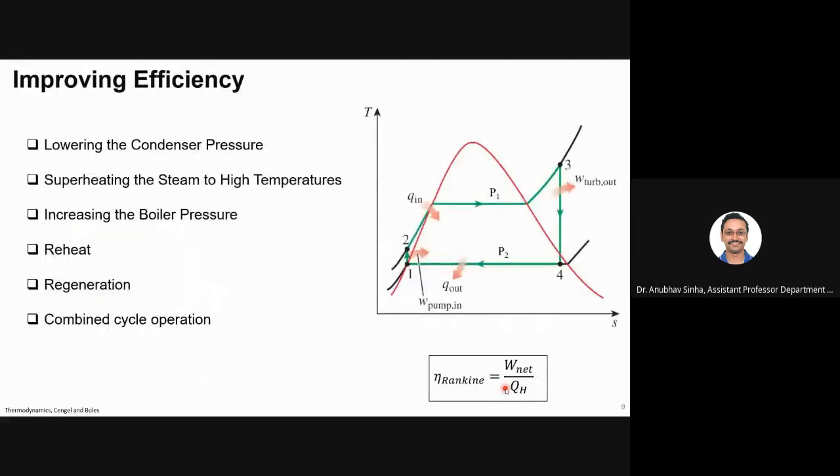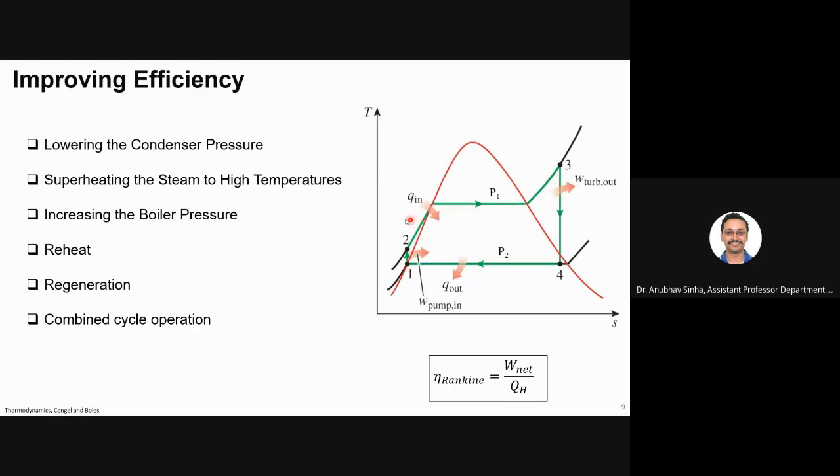Okay, now I want to improve efficiency. So what are the various methods which can be used? By improving efficiency, we mean that we want to get more work for the same heat input, or to increase the area on this curve without changing the heat input.